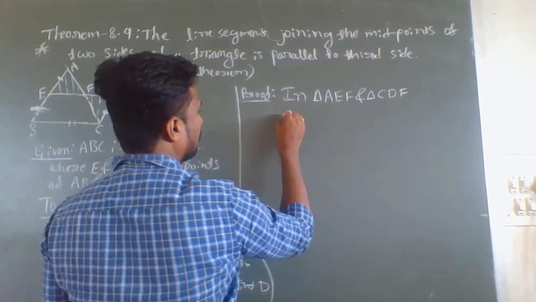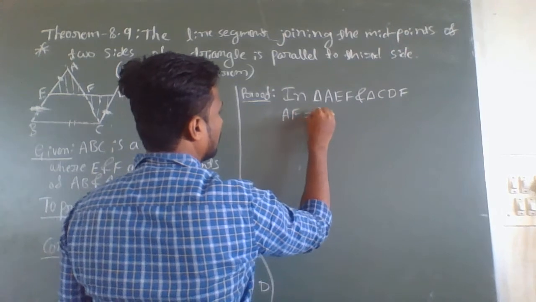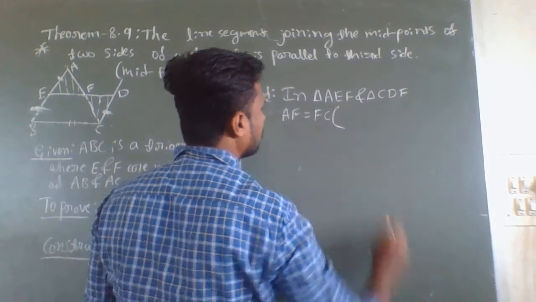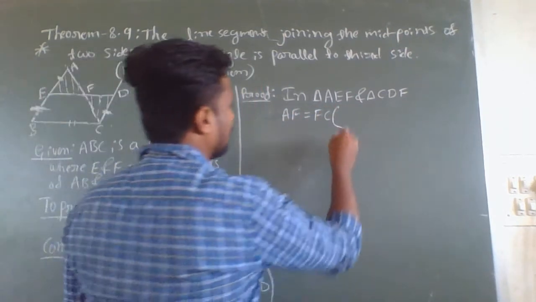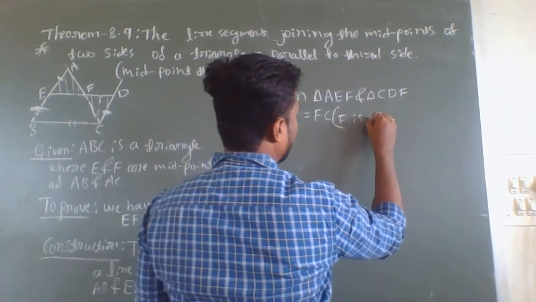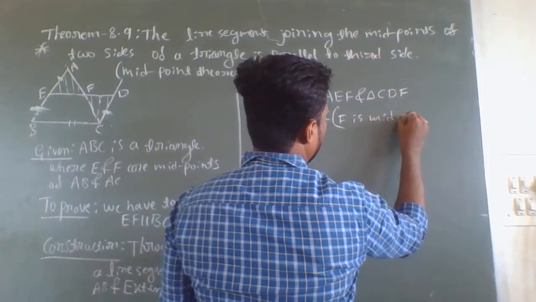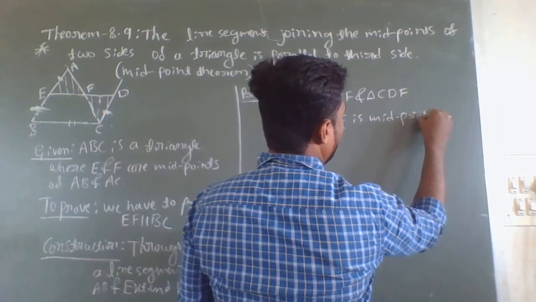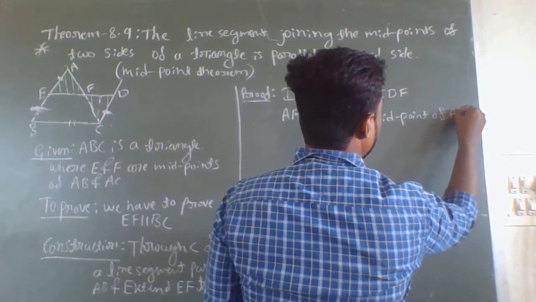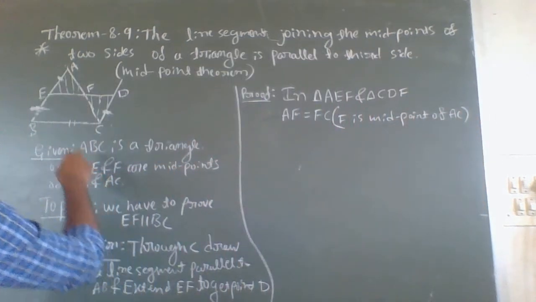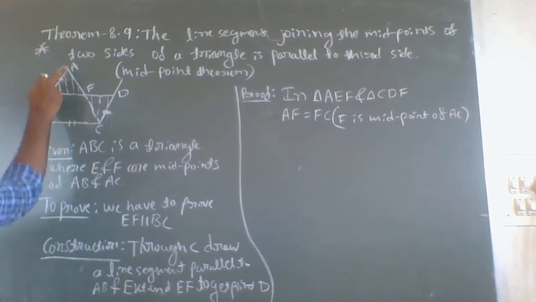AF equals FC, because what is the reason? F is the midpoint of AC. That is given in the question only. This F is the midpoint of AC, therefore AF is equal to FC.